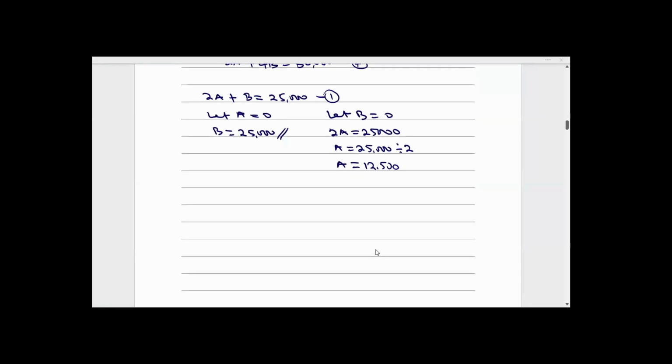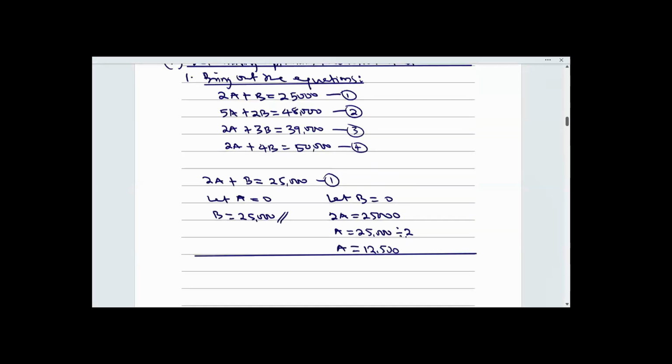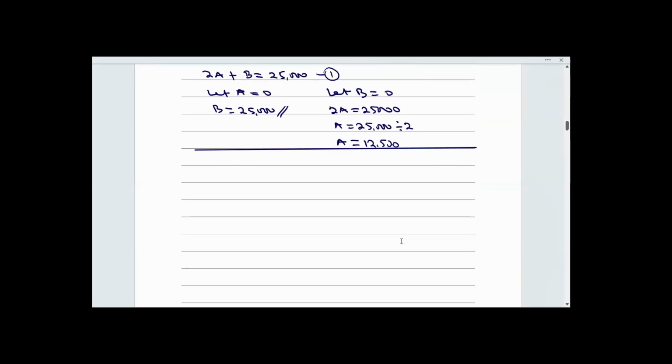Now, I'm done with equation 1. I will then move to equation 2. Under equation 2, we have 5a plus 2b equal to 48,000. This is equation 2.